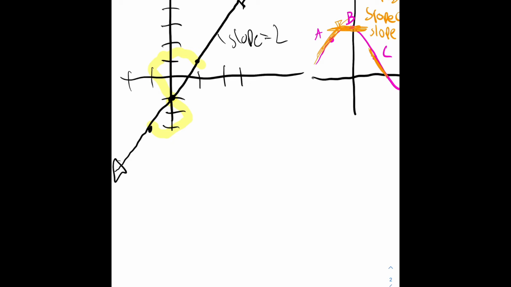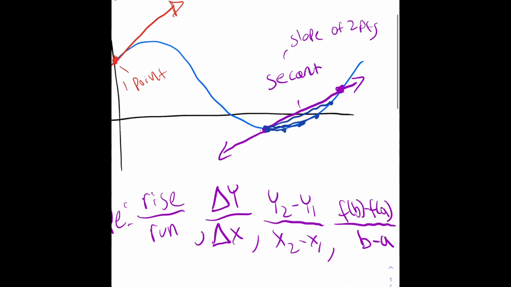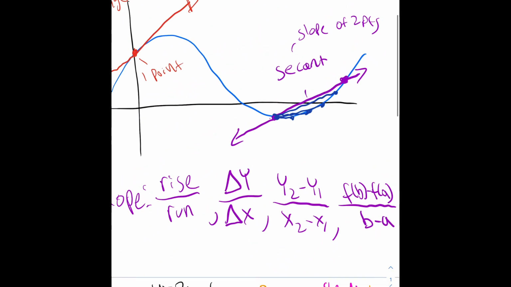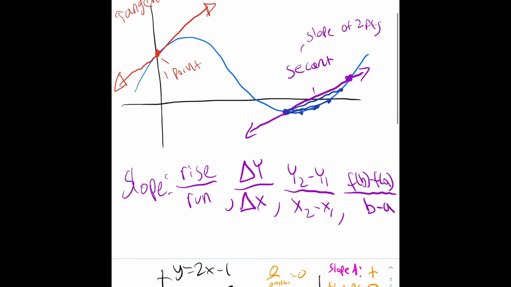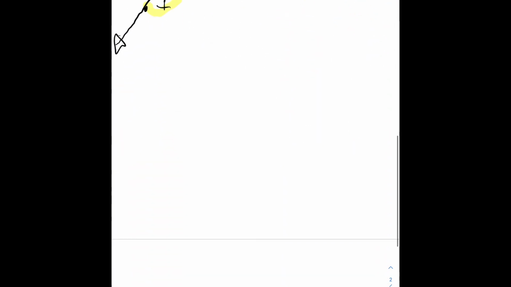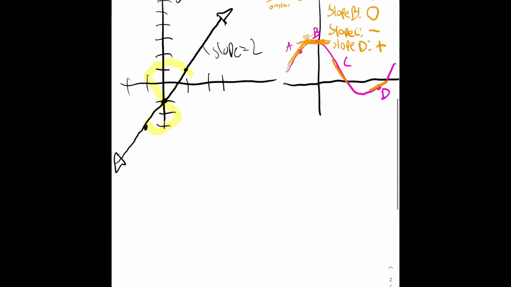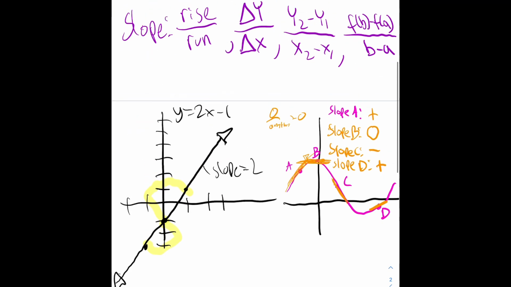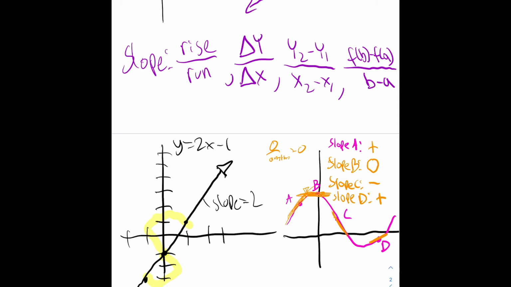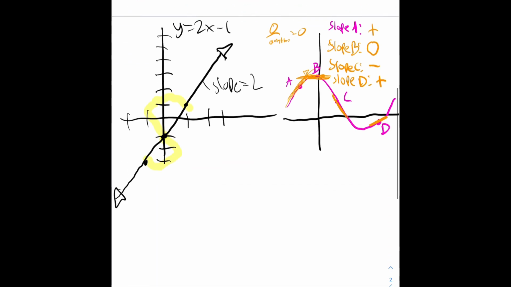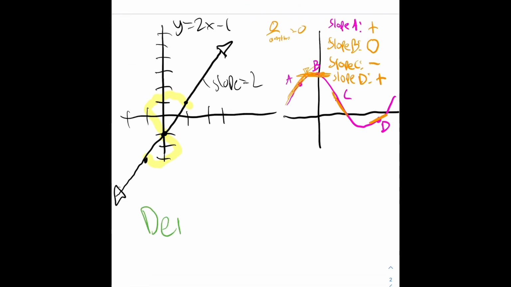Now, like we've referenced up here, as our secant lines get closer and closer, eventually it gets to this point where they are the same point. And we call that the instantaneous rate of change. So finding all these different slopes, and that's the whole big topic of this new unit, is called the derivative.